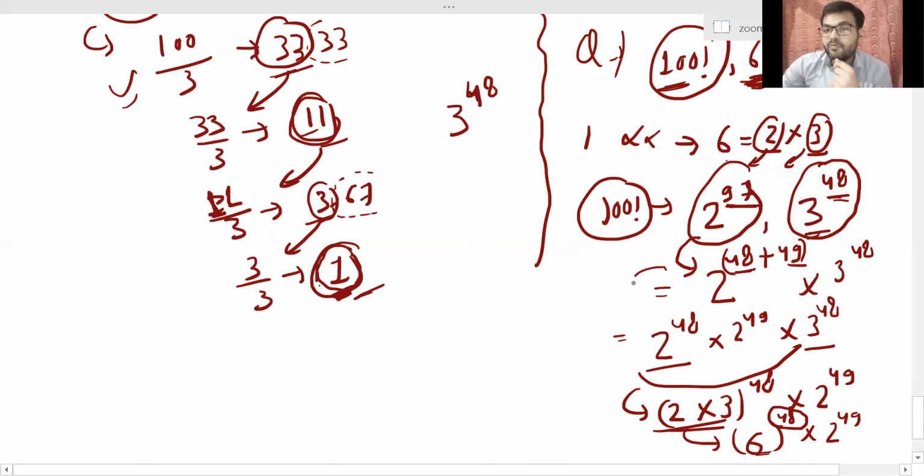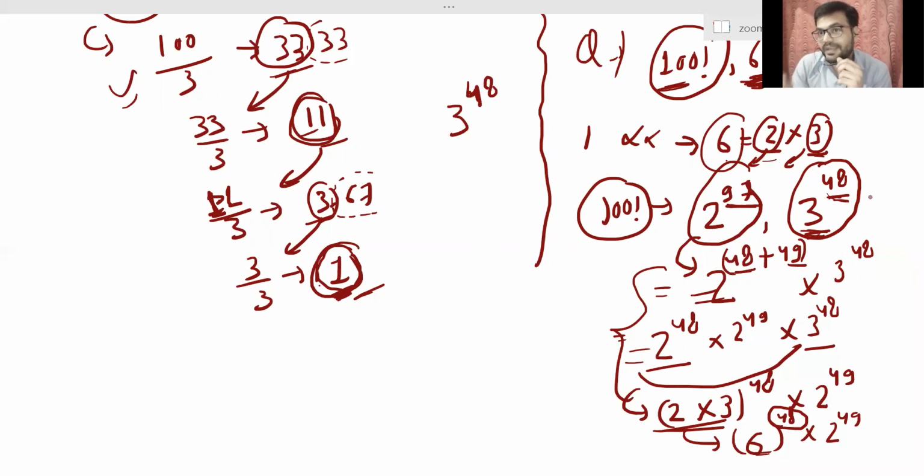So guys, you don't have to write down all these steps in case of 6. Why? Because 6 is composed of one 2 and one 3 only. So the power of 3 itself will decide how many 6's you are going to get, just as we had seen in the case of 10. In the case of 10, the power of 5 gave you the maximum power of 10. Similarly here, in the case of 6, the power of 3 will give you the maximum power of 6, or the number of 6's in that factorial.